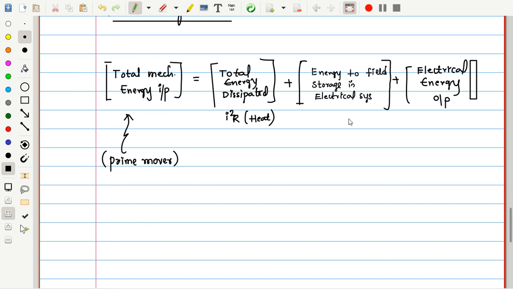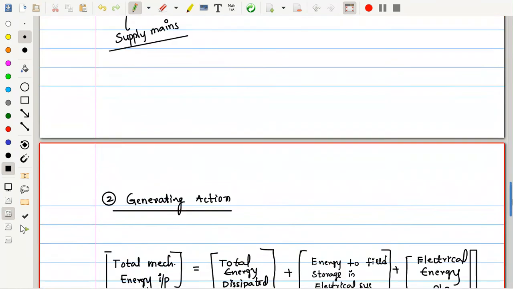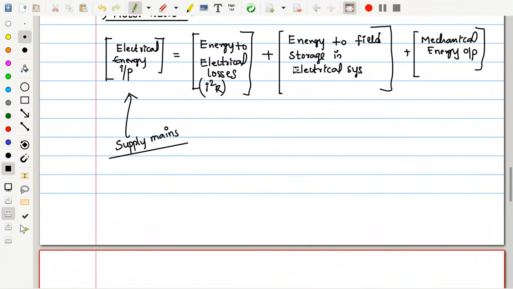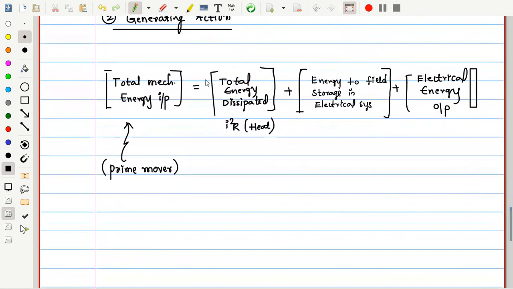Clear? Now out of this, the common things are the loss component and the energy stored component in this conversion, like electrical to mechanical or mechanical to electrical. The loss component is not the major concentration for us, but the second part is very, very important for us.